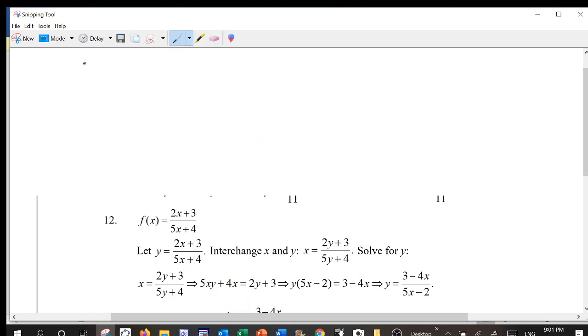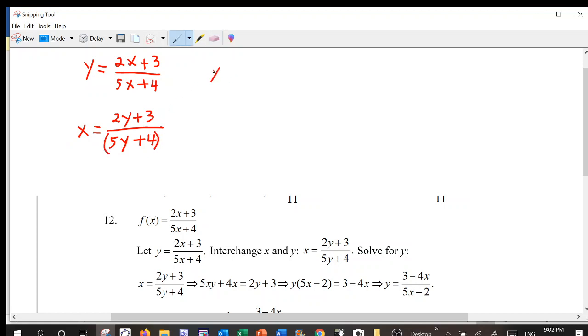The first thing I do, I write y equals 2x plus 3 over 5x plus 4, right? And now I switch x and y. So x equals, now we have x in two places, so we have to put y in both places, right? Now I have to multiply both sides by this denominator, right?